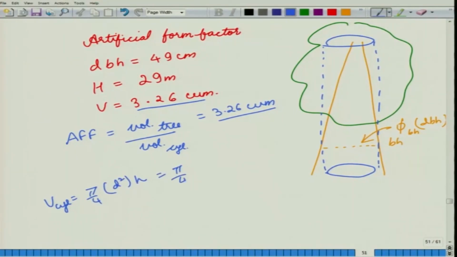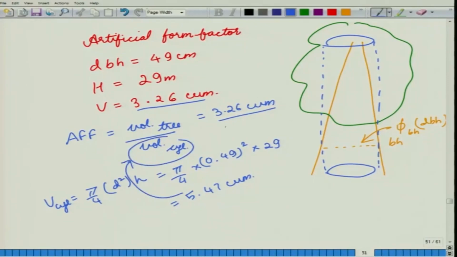So, here it is pi by 4 into d, which is 0.49 meters, squared, into 29, which is equal to 5.47 cubic meters. So, we put this value here: 3.26 divided by 5.47, the cubic meters cancel out, is equal to 0.60.